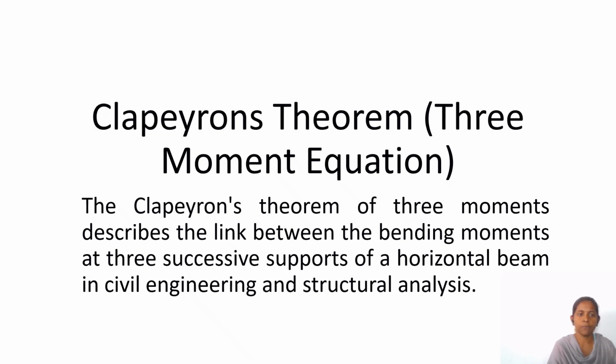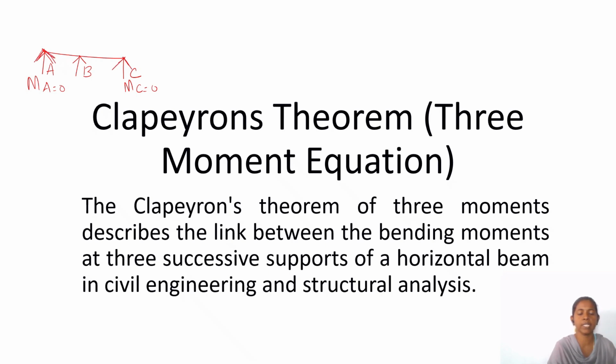Consider a beam with three successive supports. Here it is a simply supported condition, so moment at A equals 0 and moment at C equals 0. We already know that in a simply supported condition, the bending moment is 0.